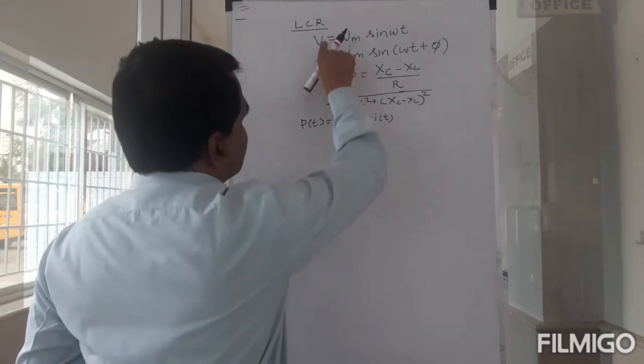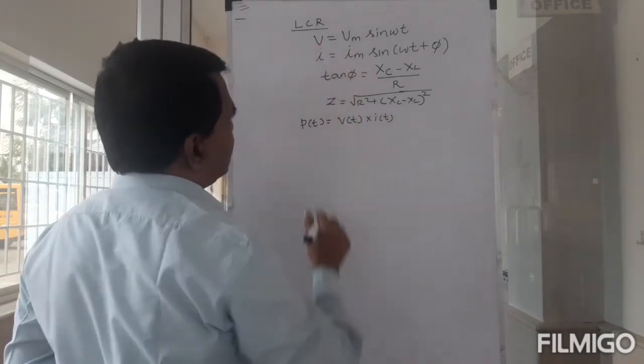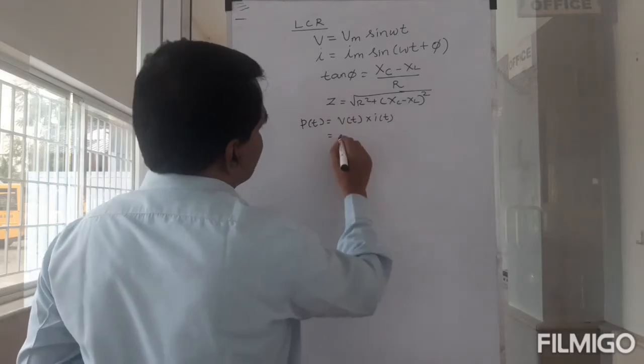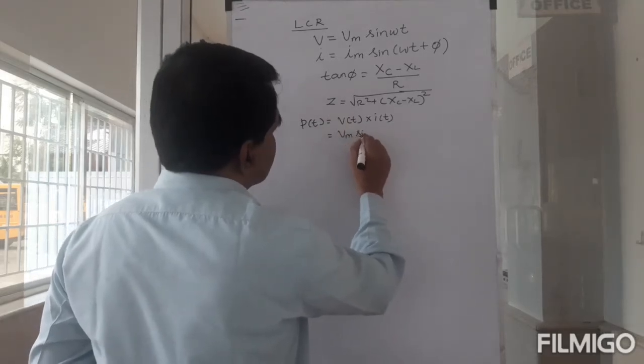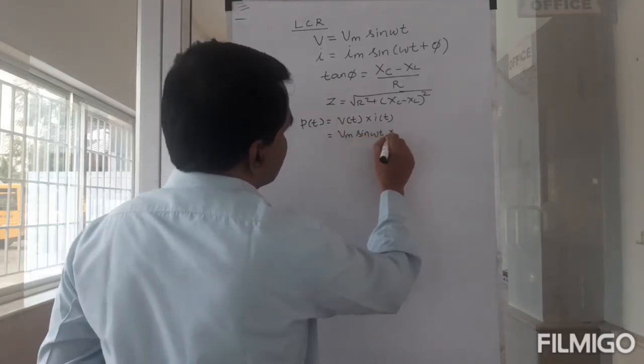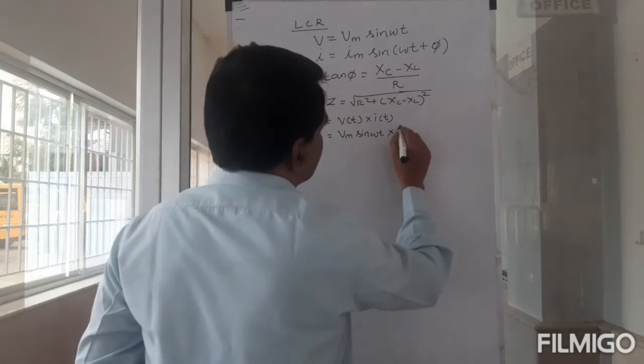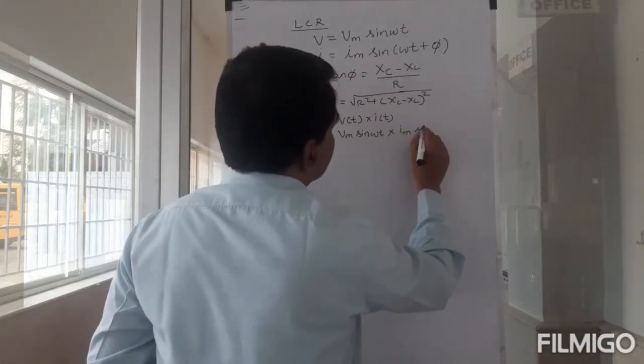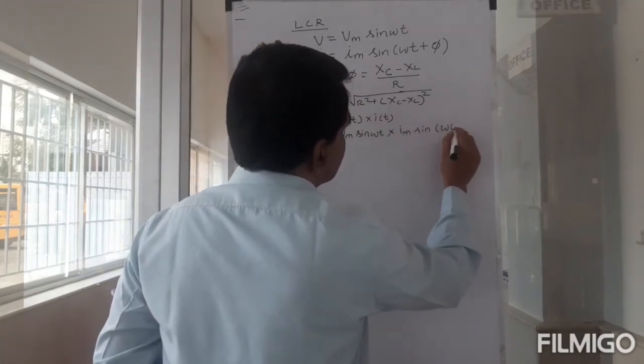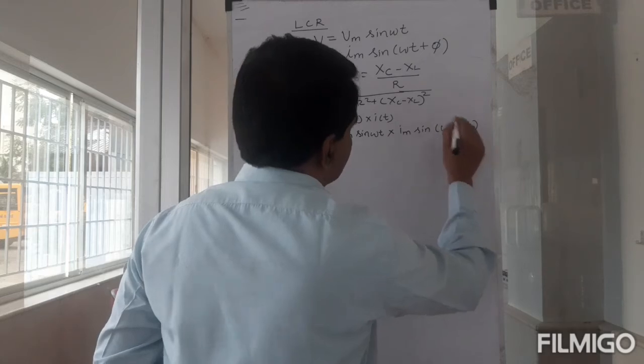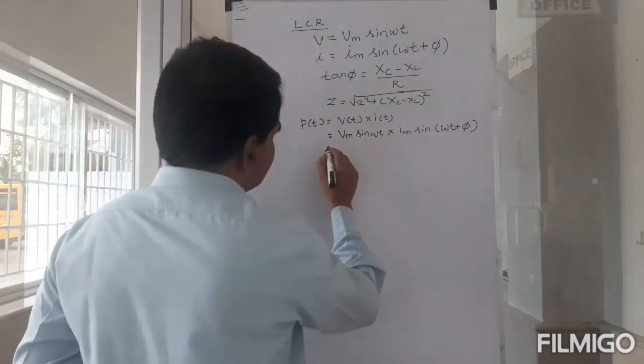Anyway, V of t is this, I of t is this. So that is going to be Vm sine omega t multiplied by Im sine (omega t plus phi). So we'll rearrange.